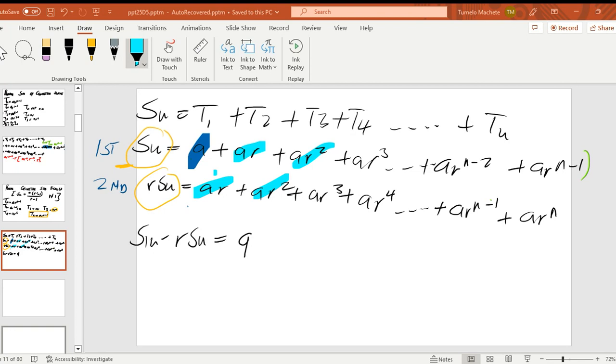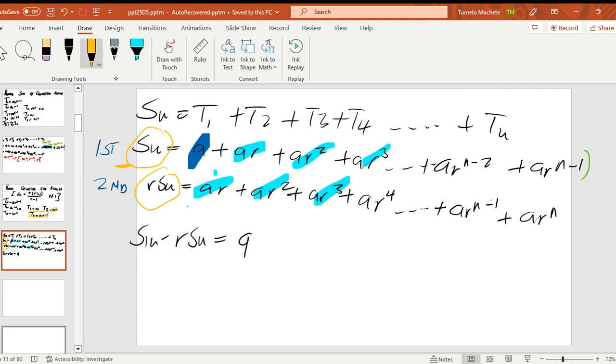They will keep on canceling like that. Then Ar cubed will cancel with Ar cubed. Then Ar to the power 4 will cancel with Ar to the power 4.